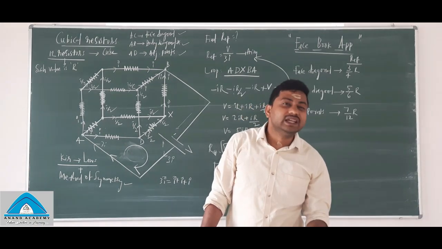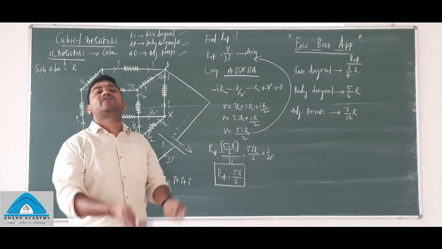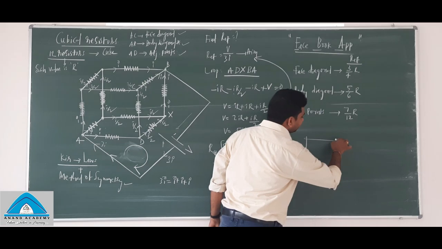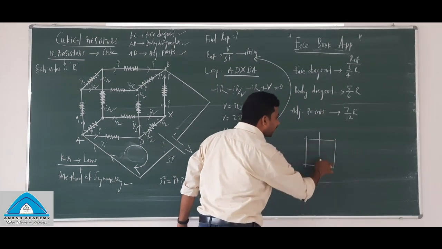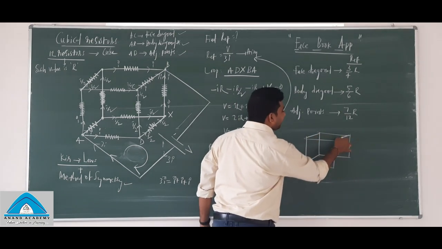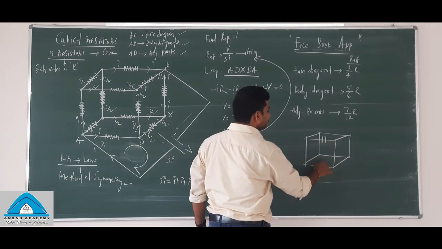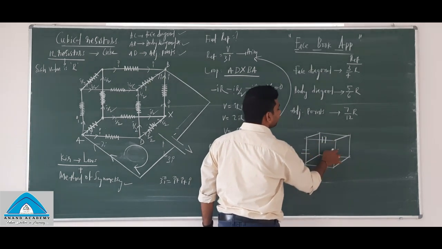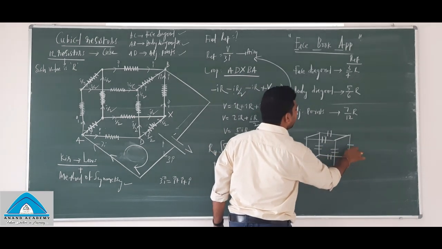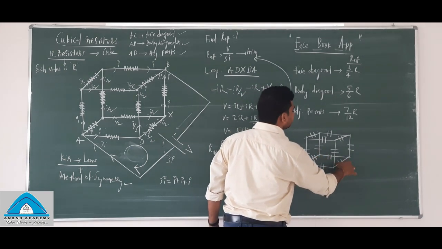Okay. Clear? Now, the same question can also be asked in the concept of capacitors. Look here. The same question can also be asked in the case of capacitors. 12 capacitors are connected in cubical form: 1, 2, 3, 4, 5, 6, 7, 8, 9, 10, 11, 12.